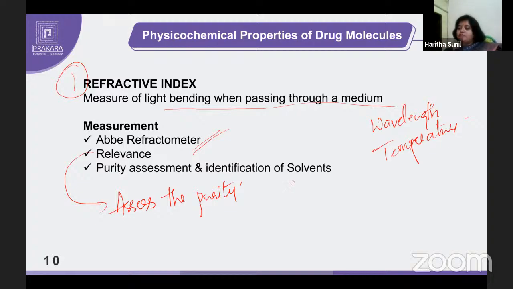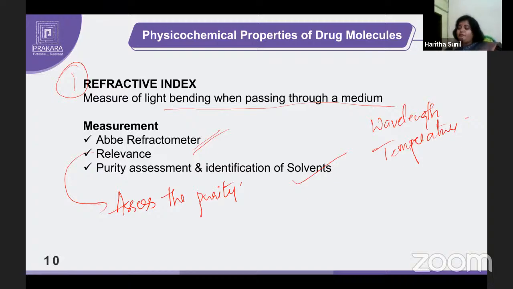It is also used in the identification of solvents, because each solvent has a unique refractive index, which allows its identification as well as verification. So you can distinguish between similar looking solvents like isopropanol and ethanol based upon the refractive index.